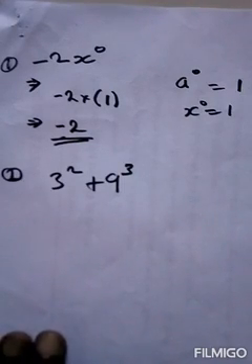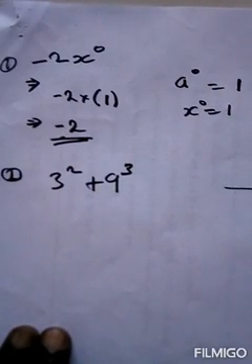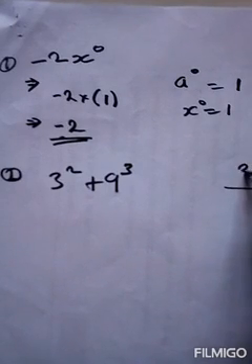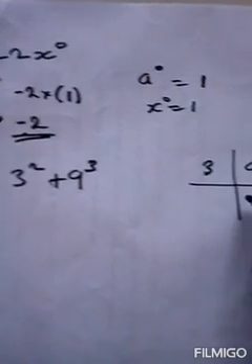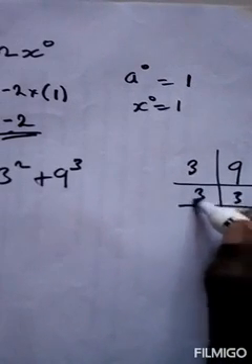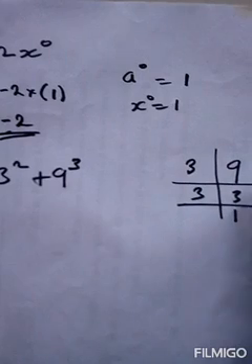What are the small numbers from 2 up to 9 that can go into 9 without leaving a remainder? You realize that we have 3. 3 into 9 goes 3 times. Can the same 3 go into 3? Yes. How many times? 1. So you realize that 9 is the same as 3 to power 2.